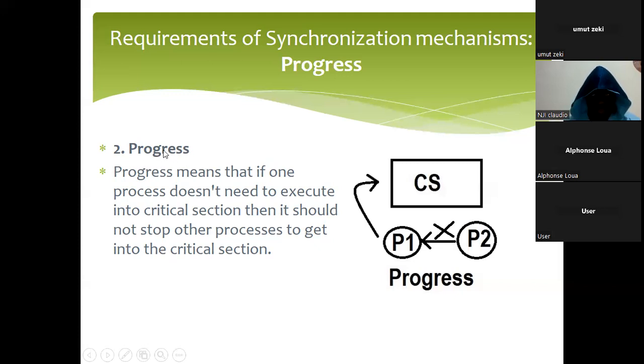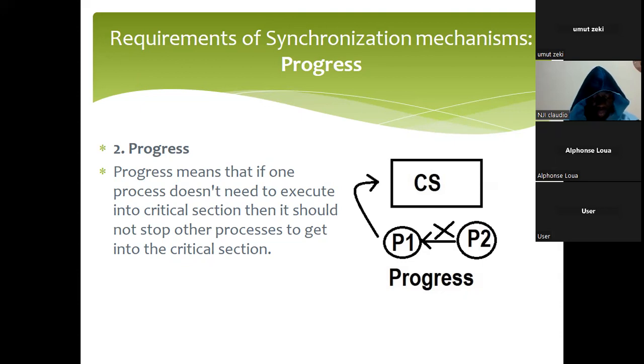Progress. So the second criterion is progress. Look, when a process can use the critical section, if it needs another thing, maybe that process at that time needs some input-output operation, or to take some results or something like that.